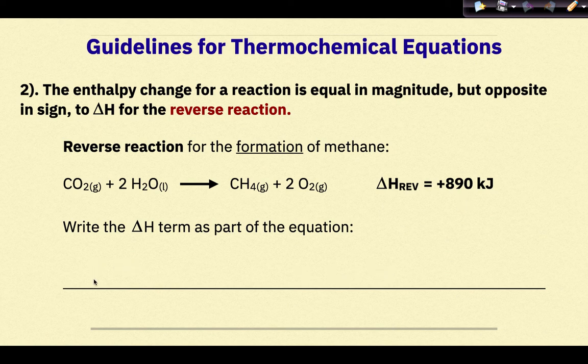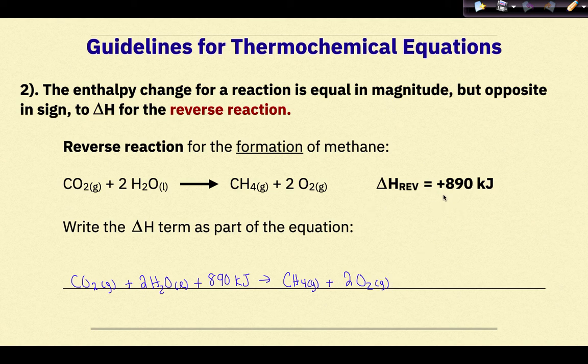So we would rewrite this again. So I would say CO2 in the gaseous state plus 2 moles of water in the liquid state plus, because I'm absorbing this amount of energy, 890 kilojoules will produce 1 mole of methane in the gaseous state plus 2 moles of oxygen gas.